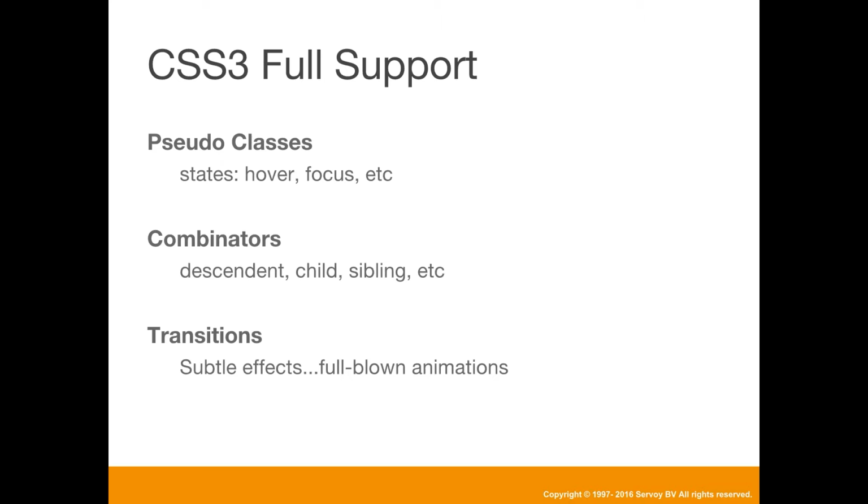So that can be very, very handy for traversing your document and grabbing and styling the element that you want. And then transitions. This is what happens when a property of an element changes through CSS. And these can be very subtle effects, like just how it looks when you mouse in and out of a button, or all the way up to full-blown animations.